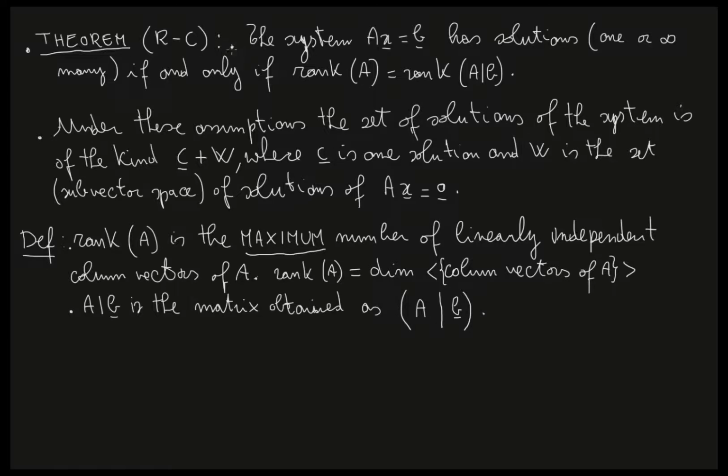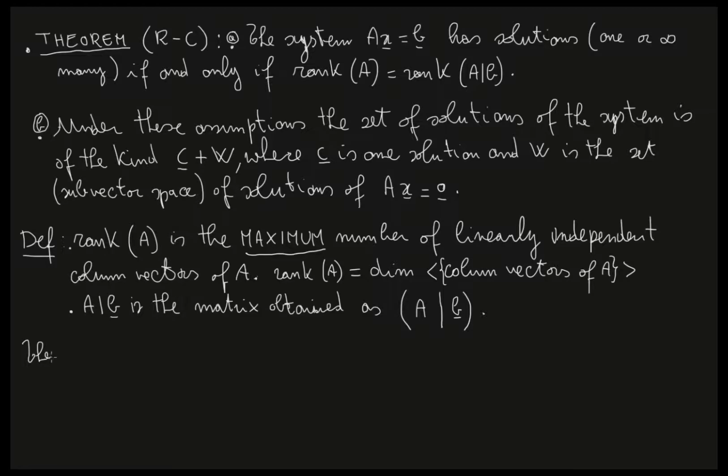Let's call the first part of the theorem part A, and the second part of the theorem part B. Now, saying that the rank of these two matrices is the same, and given the definition of rank of a matrix and the notation of the matrix A slash B, these can be summed up. So part A and the definitions can be summed up by the following statement.